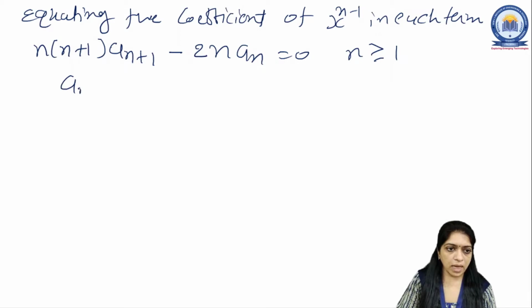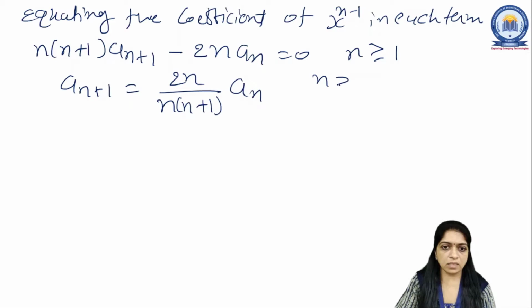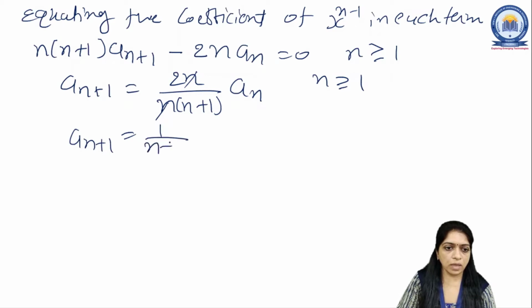So by putting a n plus 1 as the subject, a n plus 1 is equal to 2 times n upon n into n plus 1 a n, where n is greater than or equal to 1. So n will be cancelled. Here a n plus 1 is equal to 2 upon n plus 1 a n, where n is greater than or equal to 1.